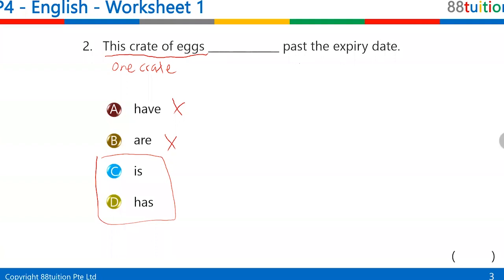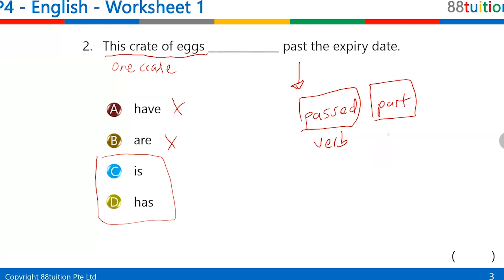Okay, let's look at the word past. Is past a verb? That's a good question, right? So there's two, this is a tricky one, because it's P-A-S-S-E-D or P-A-S-T. This is a verb, but this is not. This is an adverb. Like I walk past the teacher's room.